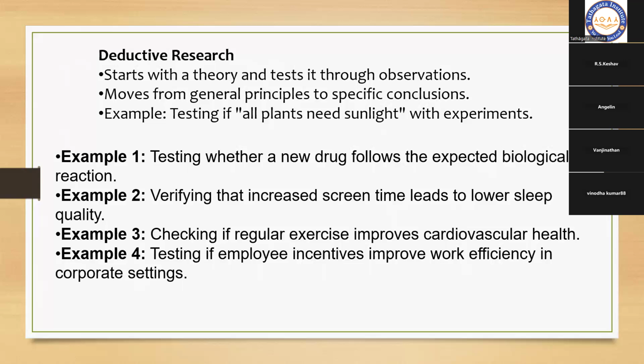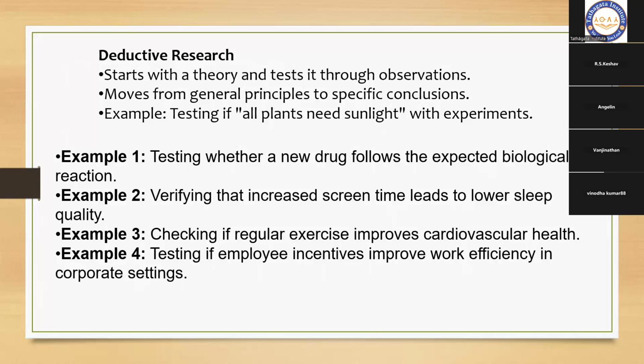From general to specific: testing whether a new drug follows the expected biological reaction, verifying that increased screen time leads to lower sleep quality, checking if regular exercise improves cardiovascular health, testing if employee incentives improve work efficiency in corporate settings.